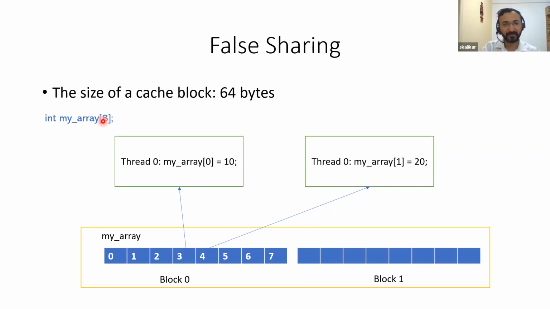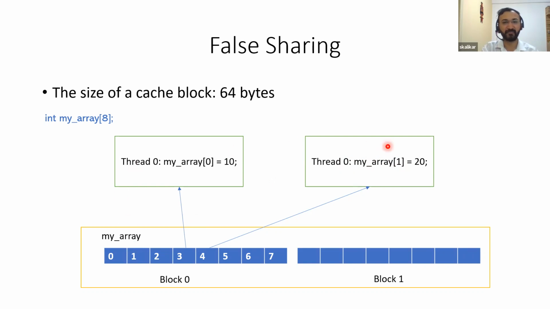Clear enough? And now suppose thread 0 is accessing the 0th location of this. So it wants to update my array of 0 location to 10. There is another thread, this is thread 1, typo. So another thread T1 is accessing array location 1.